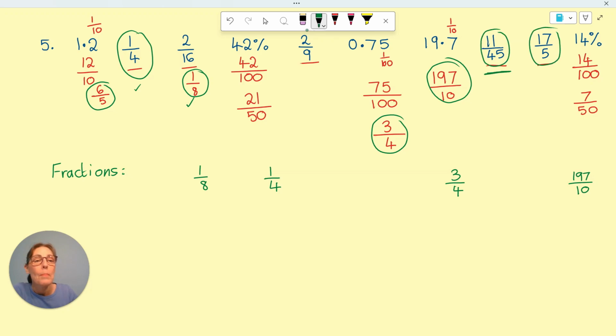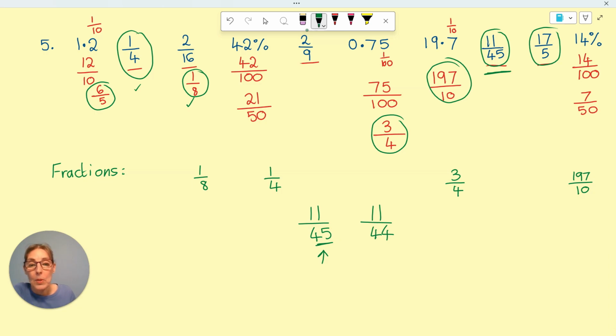This one is about 1/4 because 4 times 11 is 44. But that's 45. So 11/45. Is that bigger or smaller than 11/44? Now looking at that, you'd think, because that is 45, that it would be bigger.